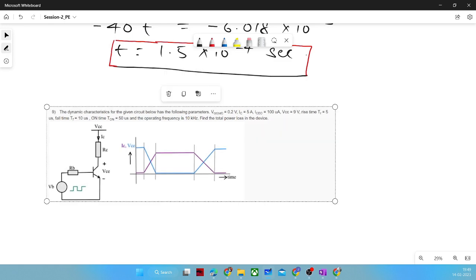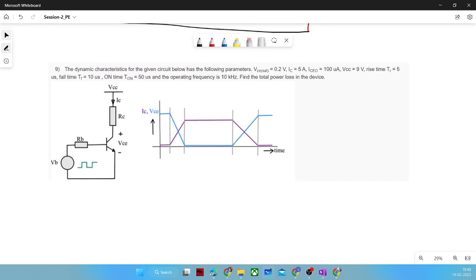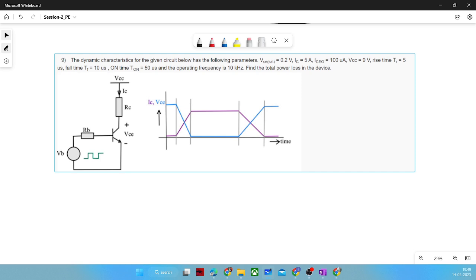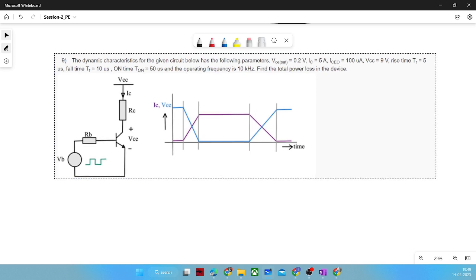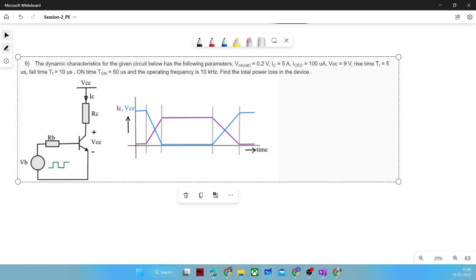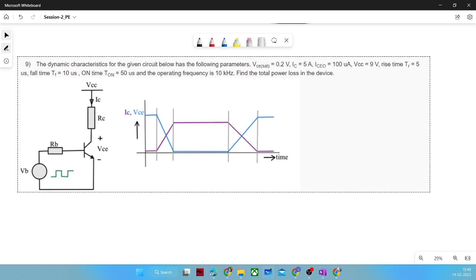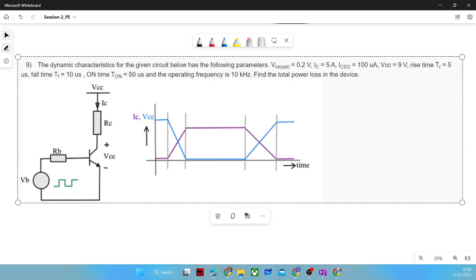This was given in assignment 2. So anyone who got a wrong answer for this question, this one.